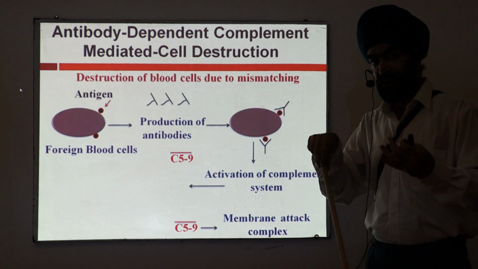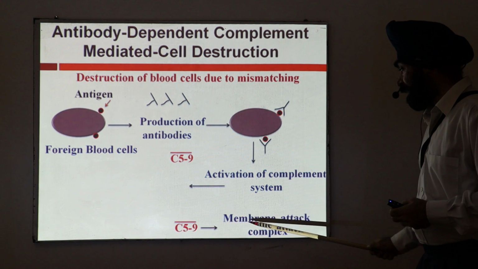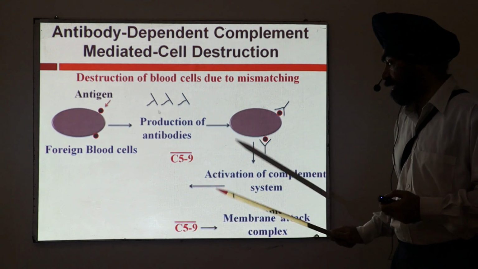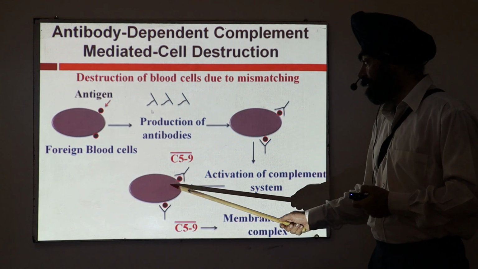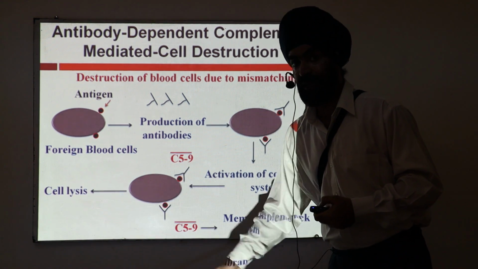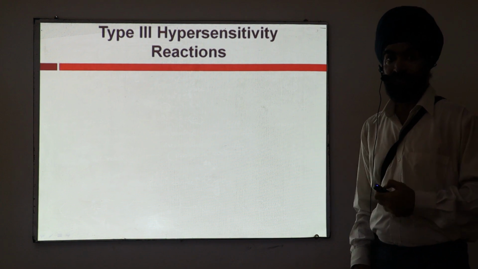These complement factors join with one another to form a complex called the membrane attack complex. And when we write this line, it means it is the activated one. As the name indicates, the membrane attack complex will attack this membrane, and it will lead to cell lysis. So this is the end of type 2 hypersensitivity reaction.